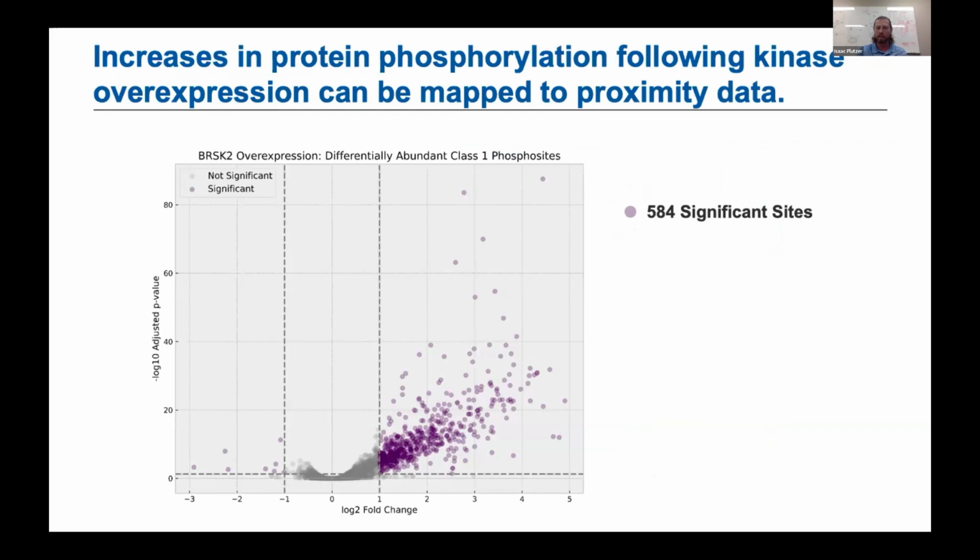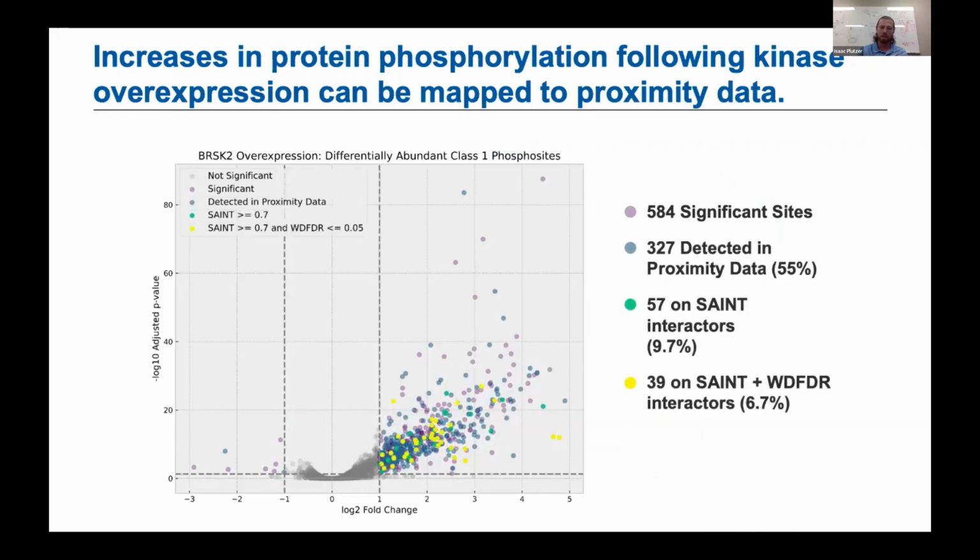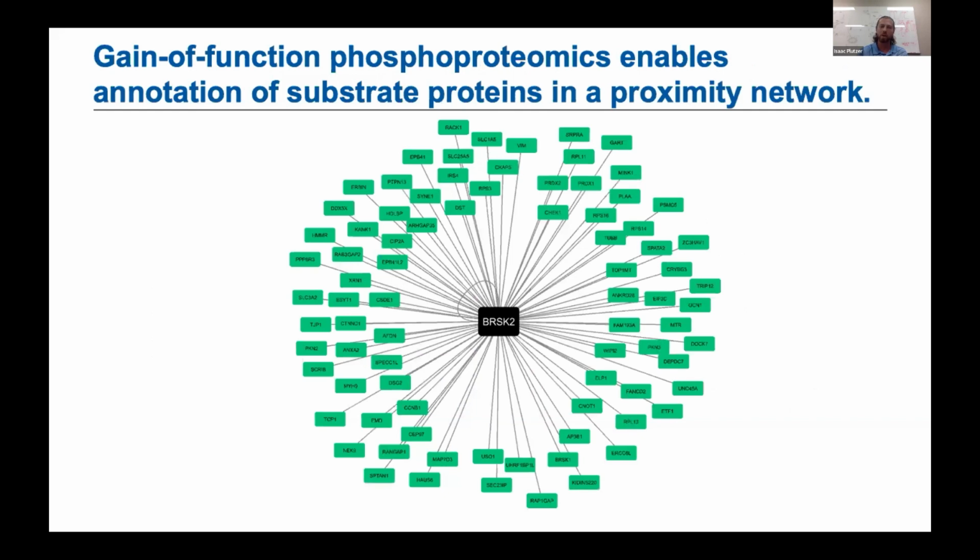But what I can do is map each of these sites back to our proximity data and identify sites that are both upregulated following overexpression of the kinase and proximal to the kinase in the same part of the cell at the same time. And this allows me to filter down this list of changing sites to a smaller, more curated list of likely substrates for the kinase. So again, showing this network, this allows me then to annotate within this network which are the likely substrates of the kinase.